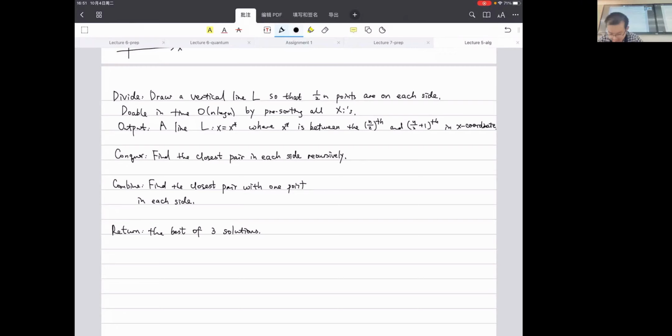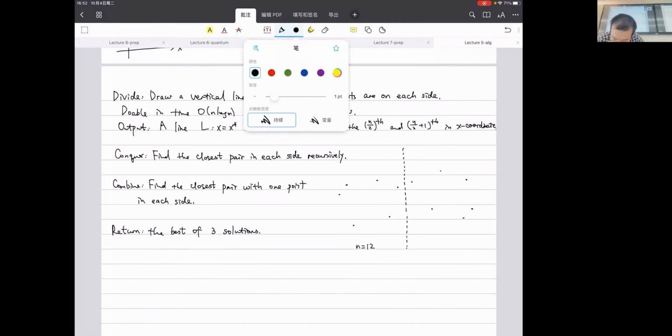So maybe let's draw an example here. You can probably see that I'm drawing 12 vertices here, so let's say n equals 12. If we make the divide and conquer, we make a division here, so the left-hand side has 6 vertices and the right-hand side also has 6 vertices.